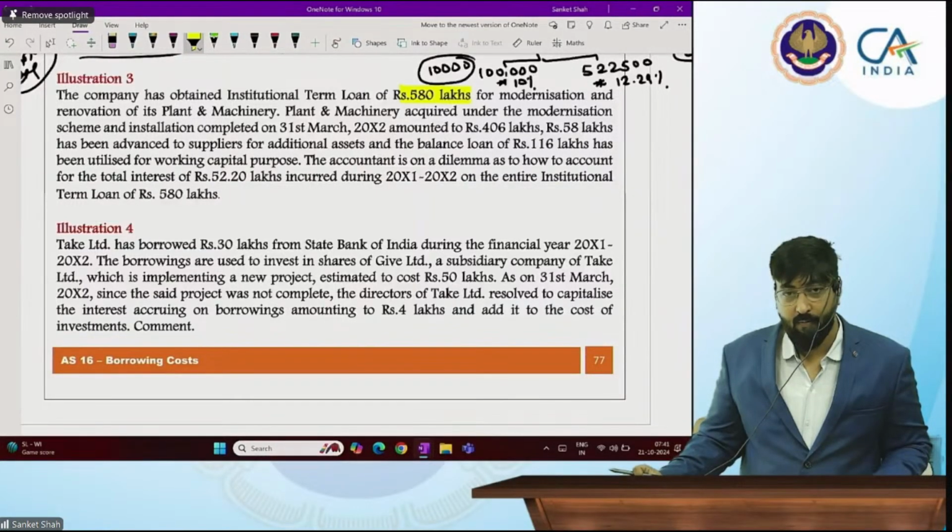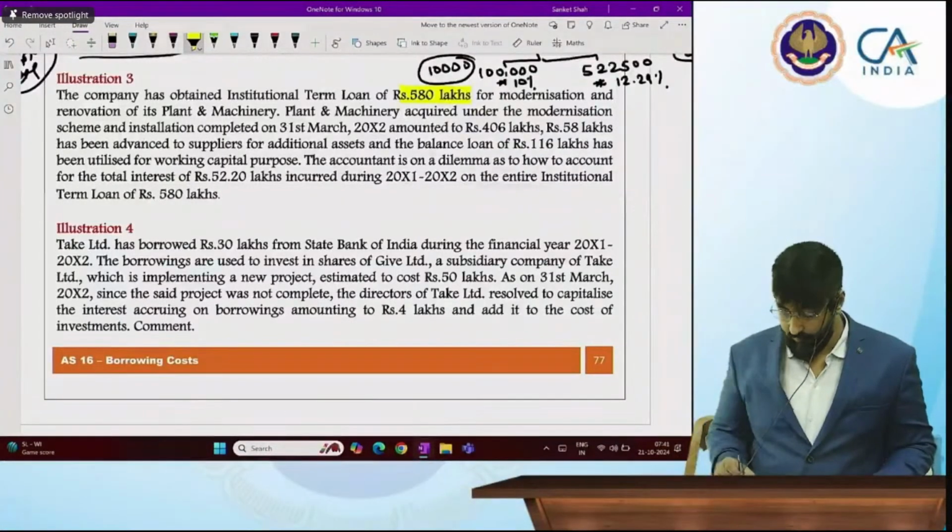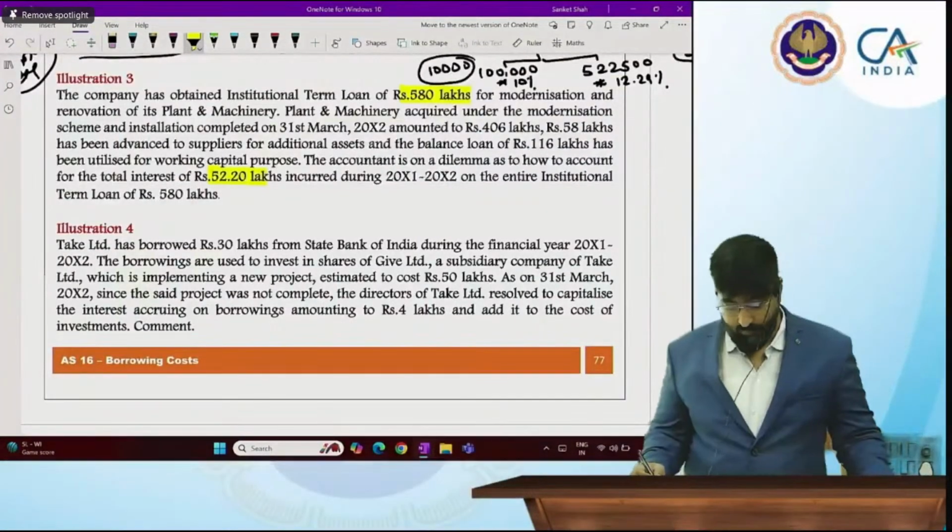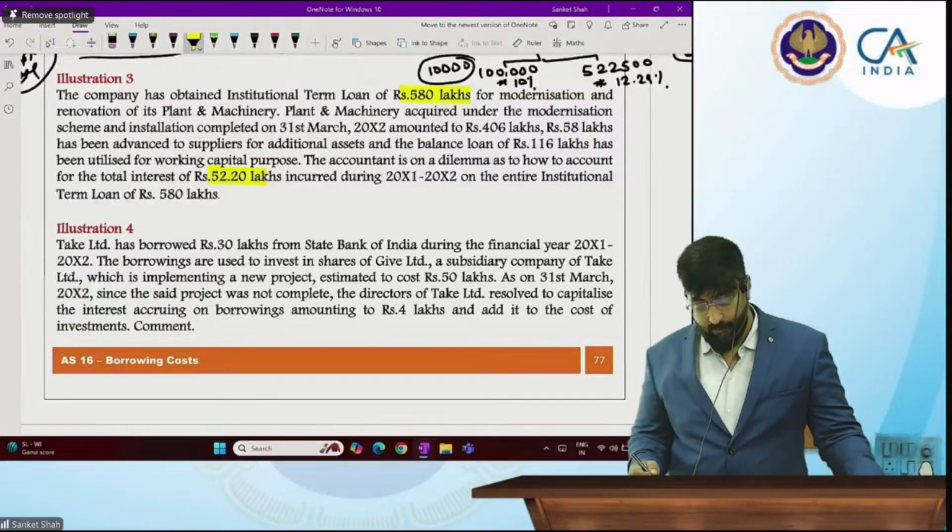The accountant is in a dilemma as to how to account for the total interest of rupees 52.20 lakhs incurred during the previous year on the entire institutional term loan of 580 lakhs.